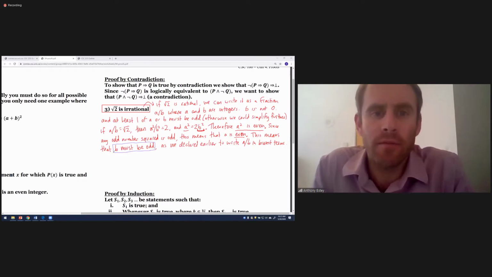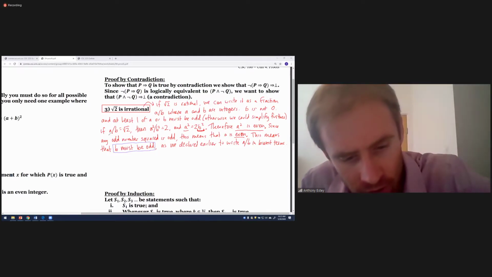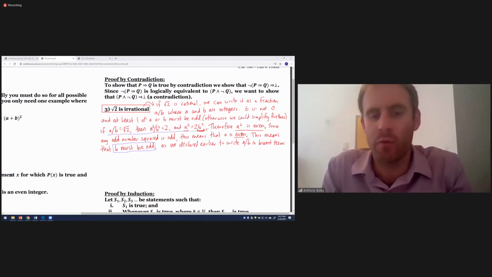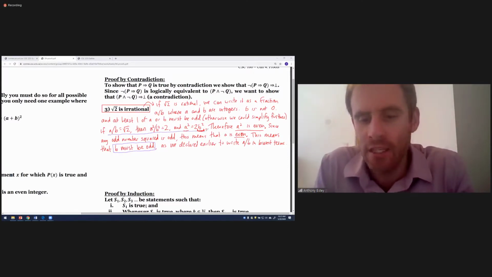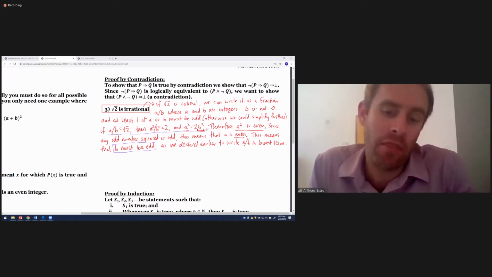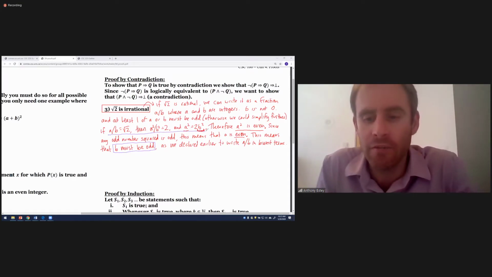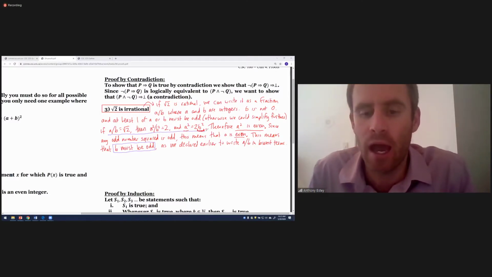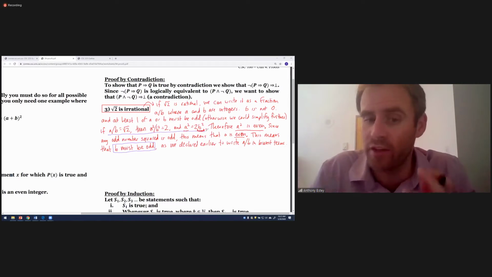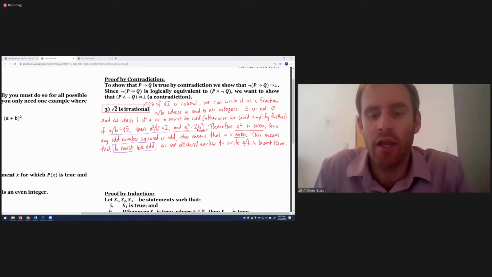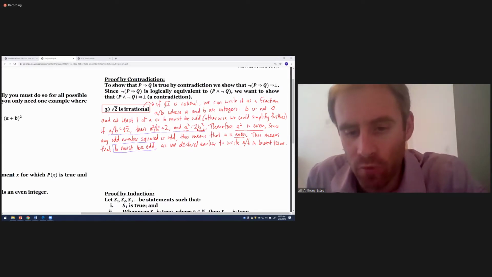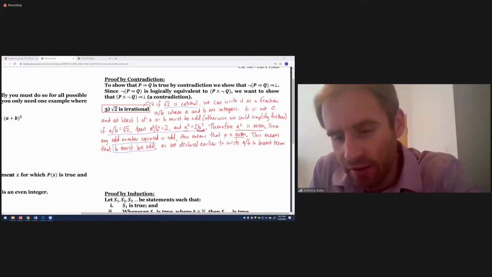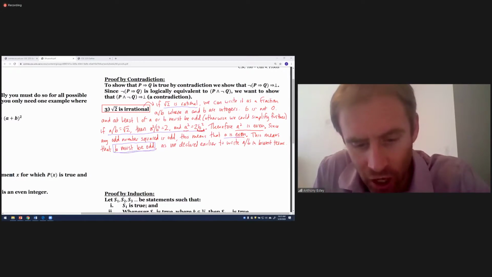By these few steps, which weren't actually difficult, we just squared both sides and multiplied by b, and that told us that a was even. Before, to write a divided by b in lowest terms, we knew that one of those numbers had to be odd. So now, in order for root 2 to be rational, a is going to be even and b has to be odd.